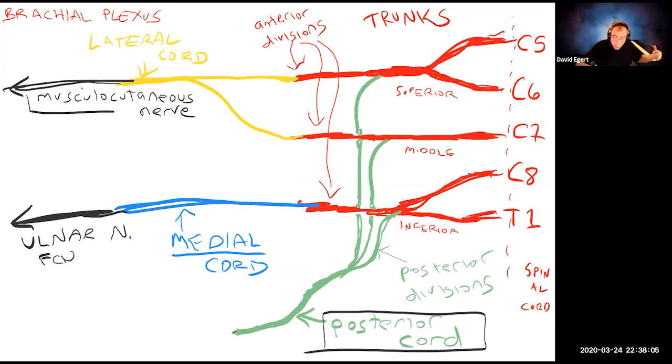And then there's one other nerve that is going to, maybe I'll do it in green. It comes off of the lateral cord and the medial cord, and it becomes what's called the median nerve.